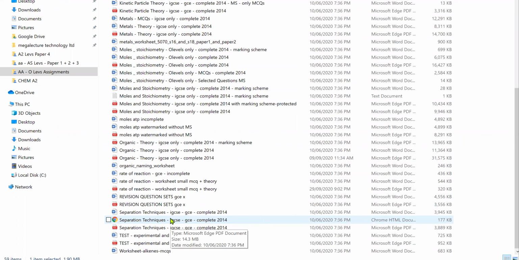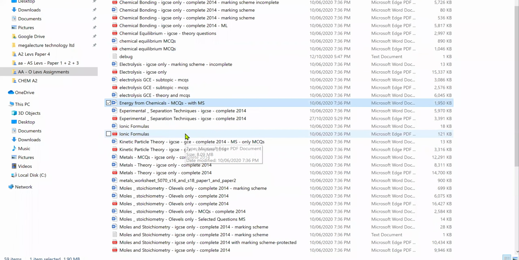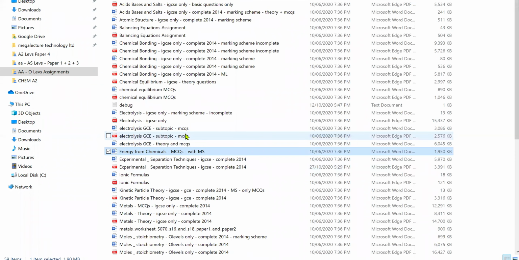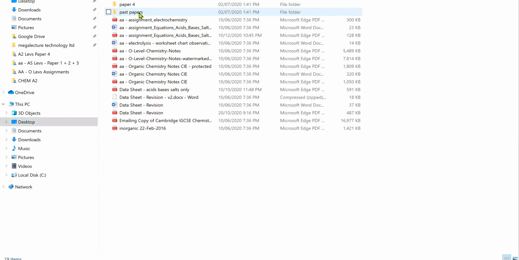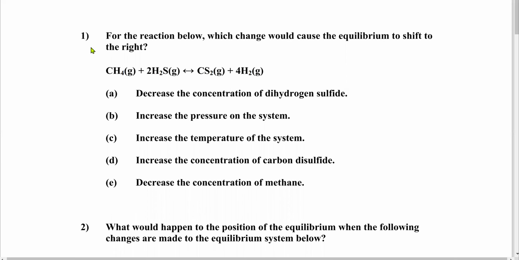There's a rate worksheet, equilibria. First question is for the reaction below: which change would cause the equilibrium to shift to the right?